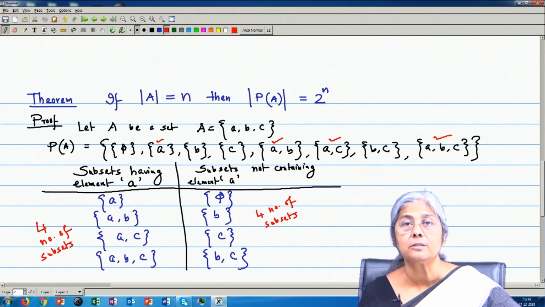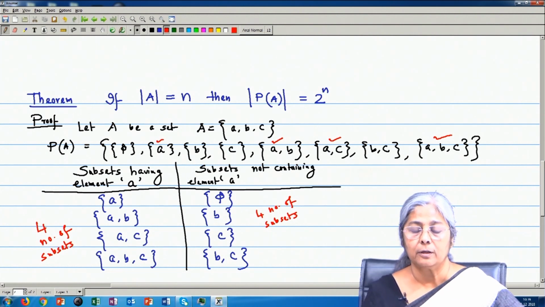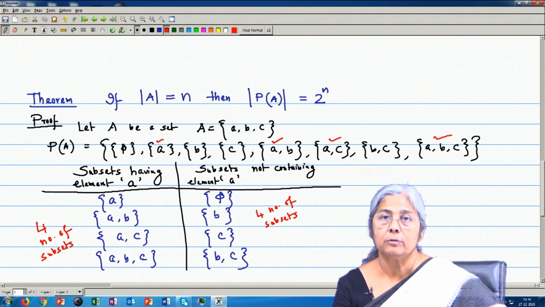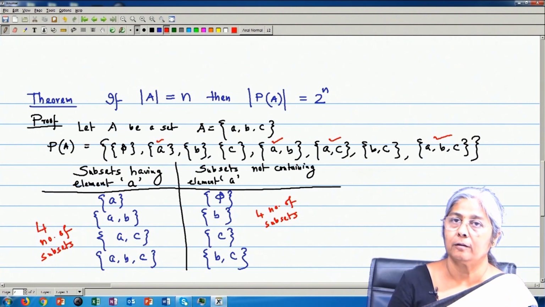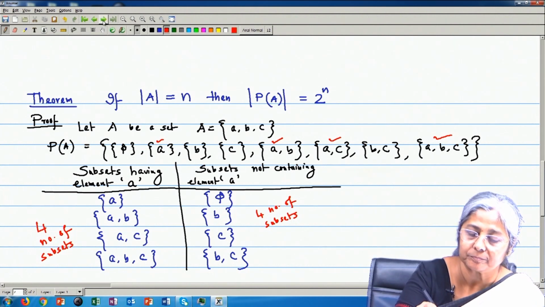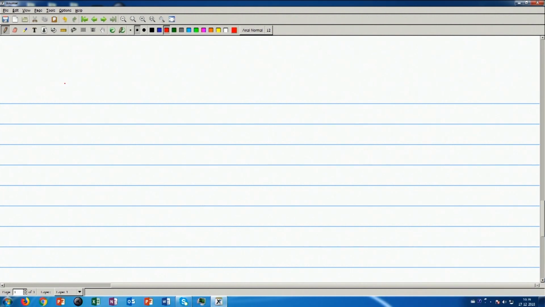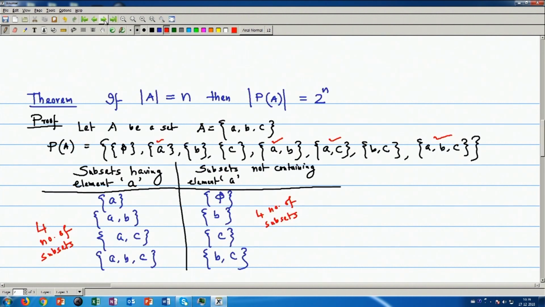So, we will use this property to prove the theorem. Now, we will give the proof by induction.